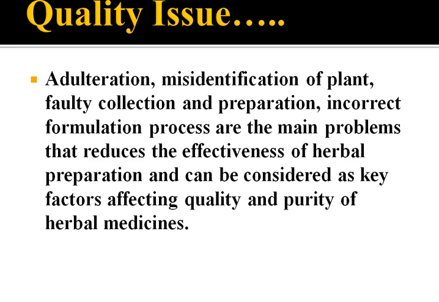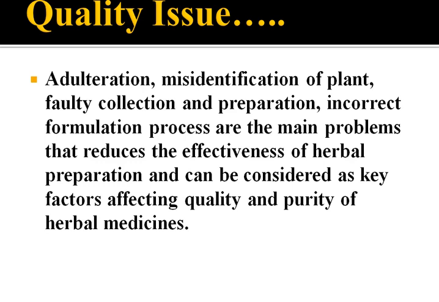These are some major problems that reduce the effectiveness of the herbal preparation. They can be considered key factors which affect the quality and purity of herbal medicines. What do you mean by this?